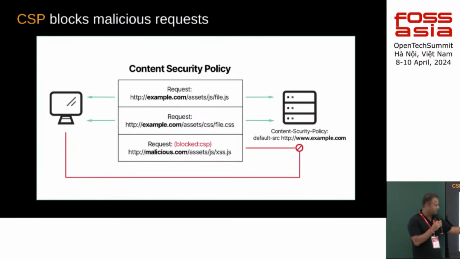For example, if we have a request fetching file.js from example.com, it will be allowed. Similarly, file.css fetched from the same domain will be allowed. But if the same application tries to use something from malicious.com, that request will be blocked, and you will see an error in the console.